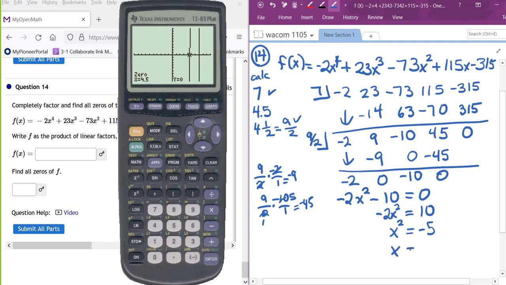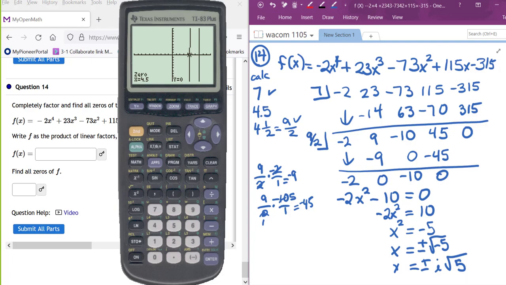So that will say x equals plus or minus the square root of negative 5, which is going to be i times the square root of 5. All right, so our zeros are going to be plus and minus i times the square root of 5, 9/2, and 7.